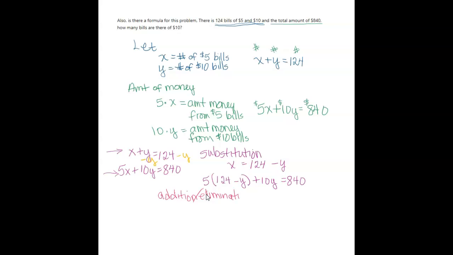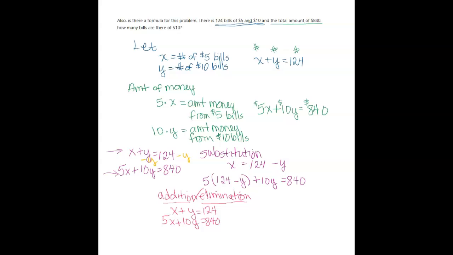We line up the equations as x plus y equals 124 and 5x plus 10y equals 840. What we want to do is eliminate one of the variables using addition, so we want to get the coefficients to be the same for either x or y.